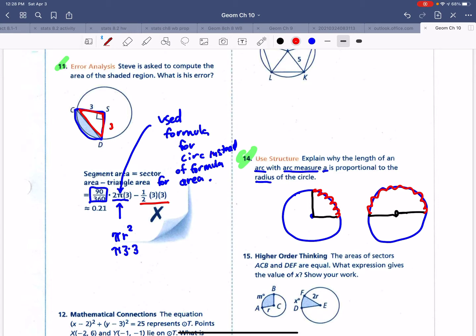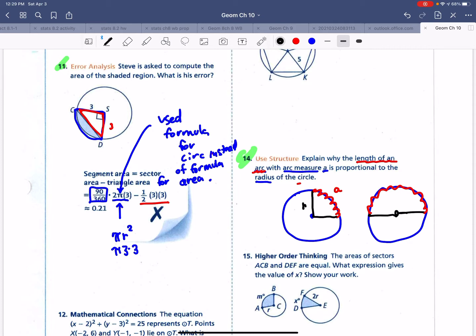Explain why the length of an arc, so that's what we colored in red, with an arc measure of A, is proportional to the radius of the circle. So this is our radius R.